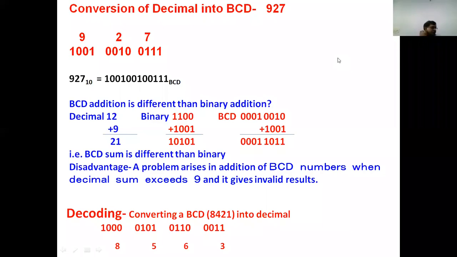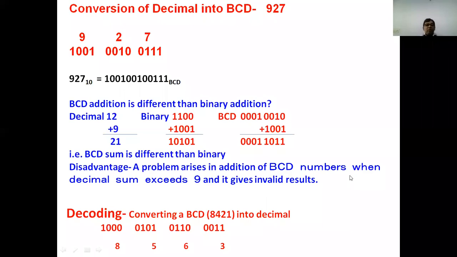As I have said earlier, there are some disadvantages of BCD codes, and that is that BCD codes don't work for decimal numbers more than 9. So a problem arises in the addition of BCD numbers when the decimal sum exceeds 9, and it gives invalid results.